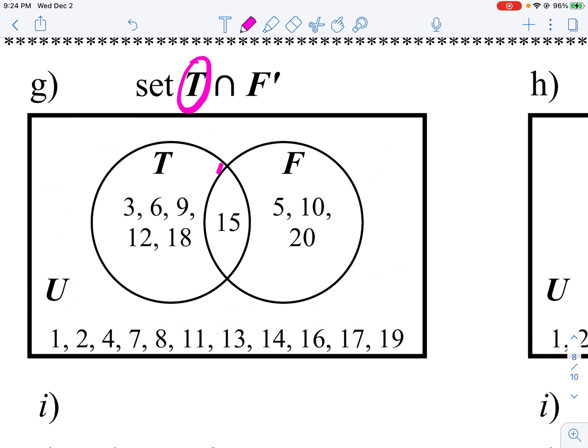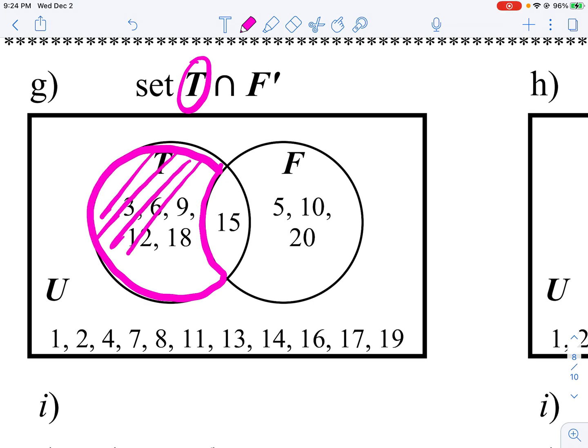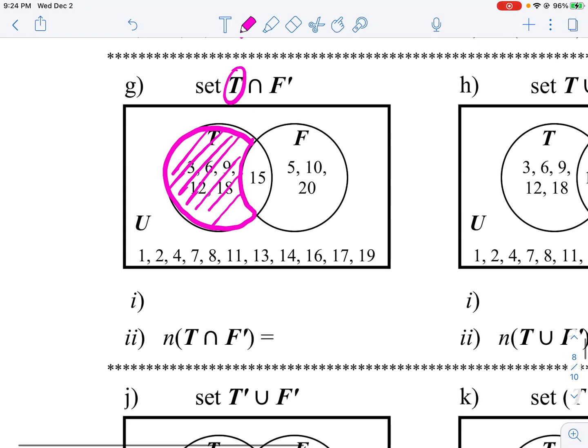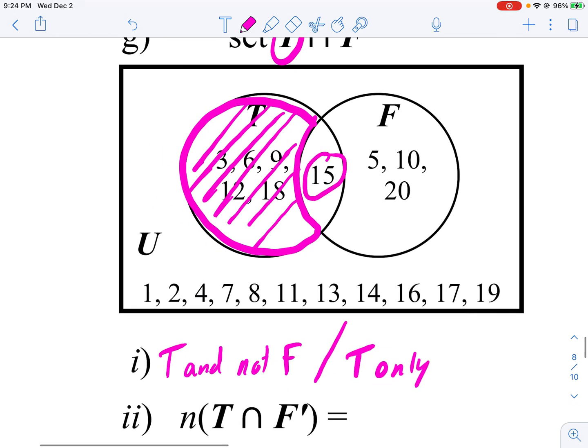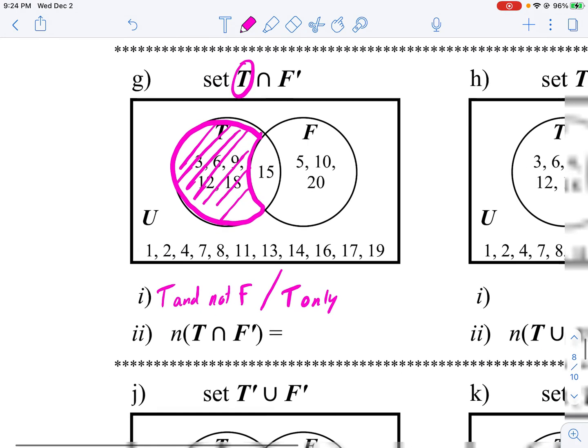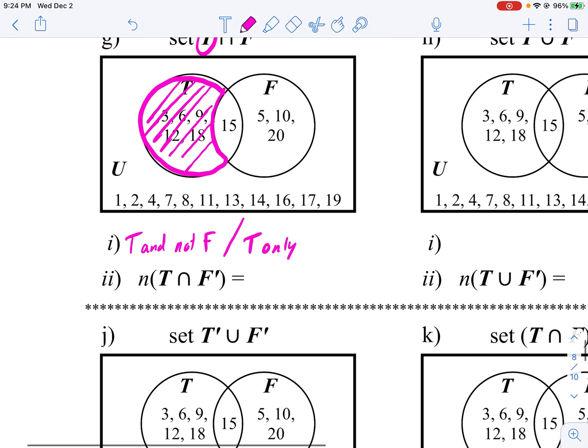We can only include this portion. And that would be considered T and not F. Or we could say T only, because this 15 here is T and F. So it would just be T only. And the number there is 5.